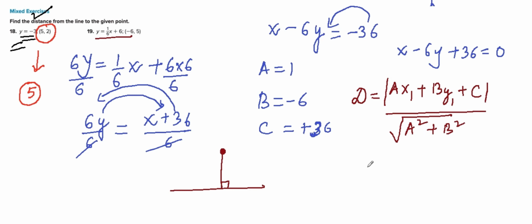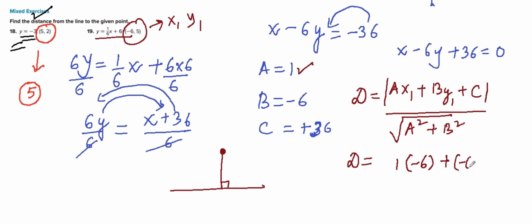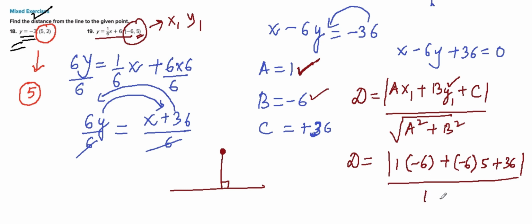So what will this be? Substitute the values. d is equal to, a is 1. And what is x1, y1? x1, y1 is given in the question as minus 6 and 5. So x1 is minus 6, plus b, b is minus 6, in brackets because it is negative, and y1 is 5, given in the question, and c is 36, absolute value, over root of a square plus b square: 1 square is 1 and minus 6 square is 36.